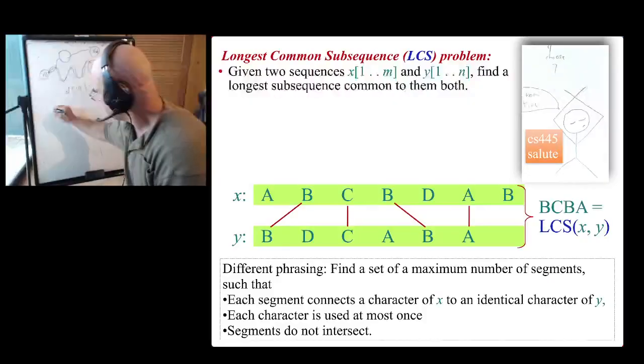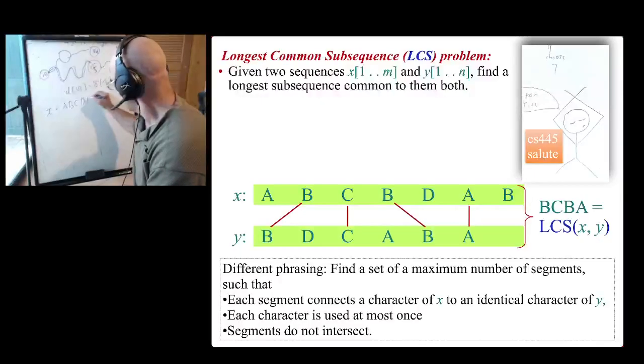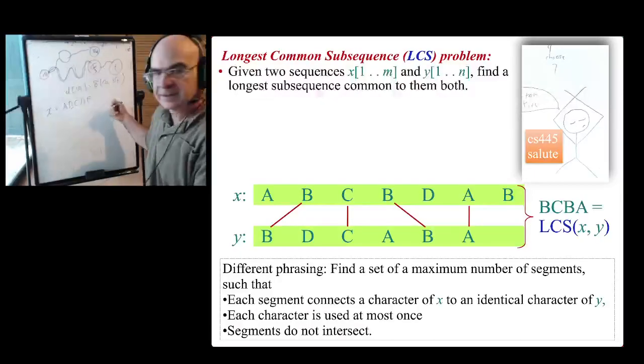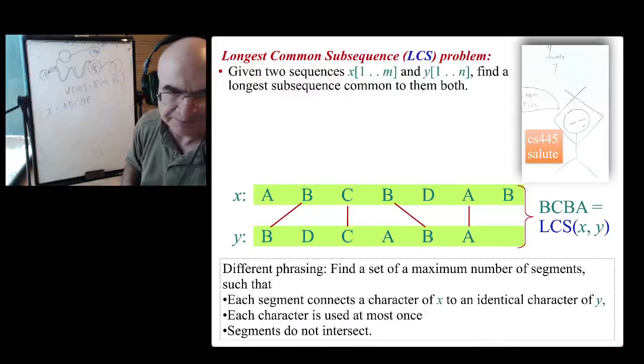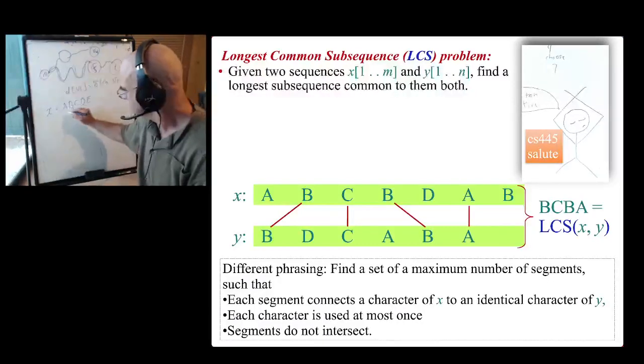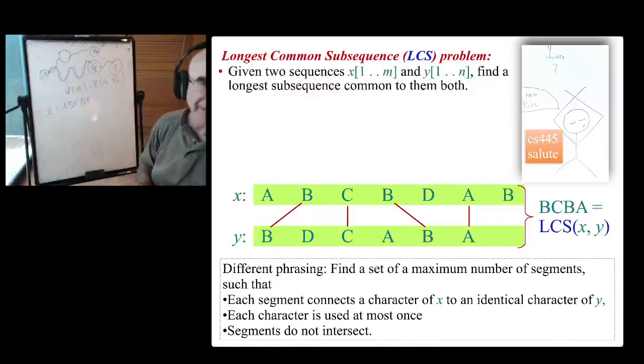Let's say that X equals a, b, c, d, e. How many different subsequences can I create?